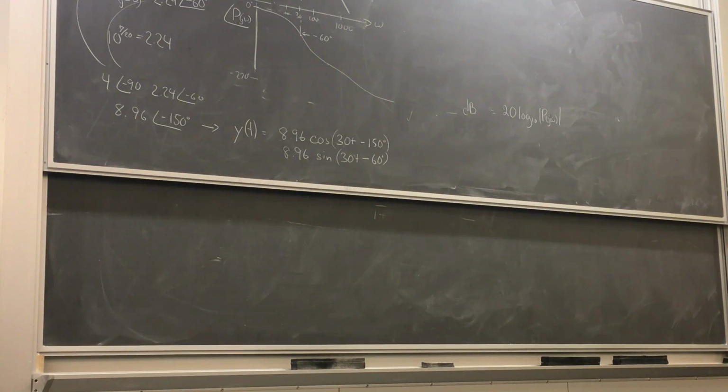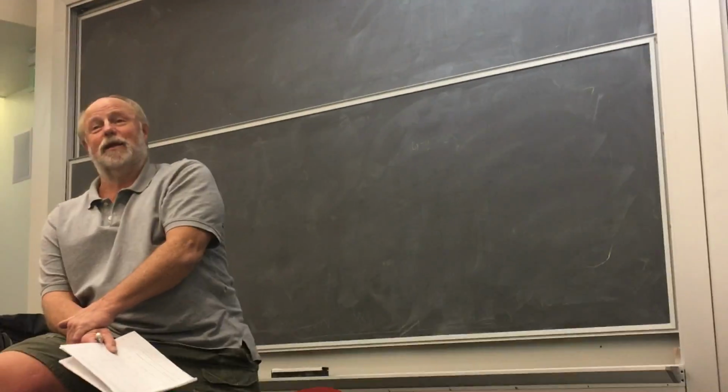That's why there's a 2. But why is there a 10? Because it's decibels and not bels. If it was in bels, it would be 2 times the log base 10 of V out over V in, for instance. If it was P out over P in, there wouldn't even be a 2. You just take the log base 10 of it.